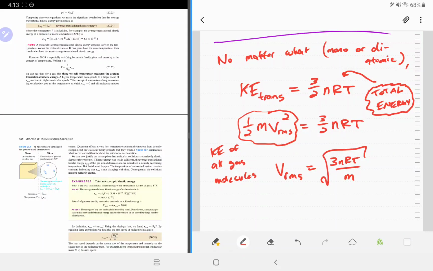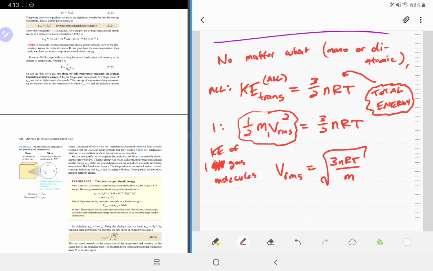So maybe it makes more sense, though, to not talk about all the gas molecules, but maybe one at a time. Okay, so this is all the kinetic energy for all the gas molecules. But now let's just talk about one gas molecule. So let's say that this one is for all of them, and then this is only one molecule. So this is the mass of one molecule now.